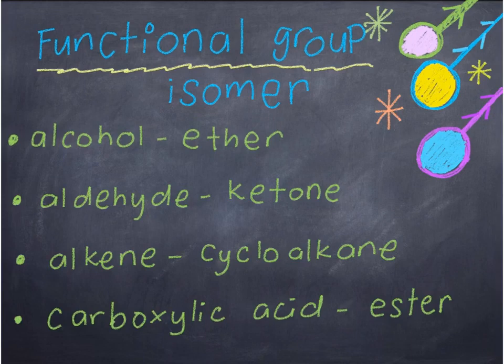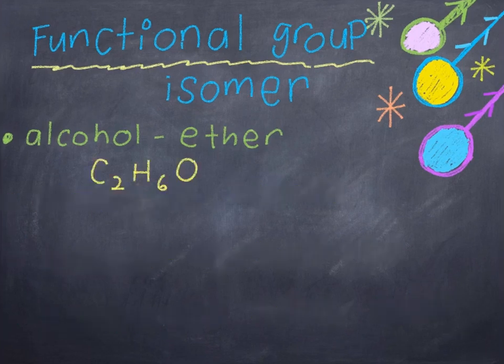Okay, contoh example, we're going to try this one. Let's say if you are given the molecular formula of C2H6O. When you check on the molecular formula for this one, it actually relates to the general formula of an alcohol and also ether.